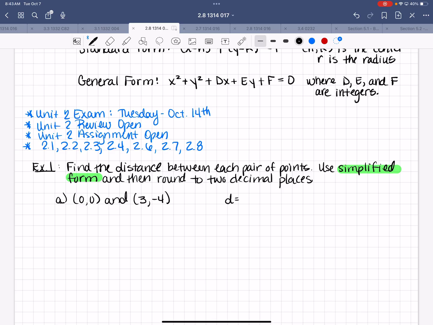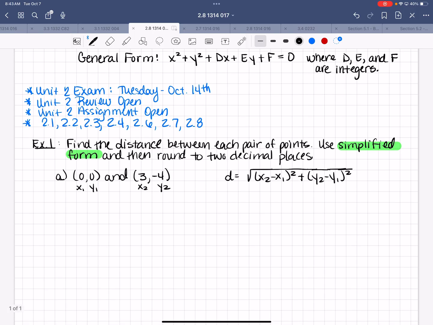I know that is D equals the square root of x2 minus x1 squared plus y2 minus y1 squared. Okay? And of course, they did give me x1, y1 and x2, y2. Okay, I'm going to plug those in. That's all I do.